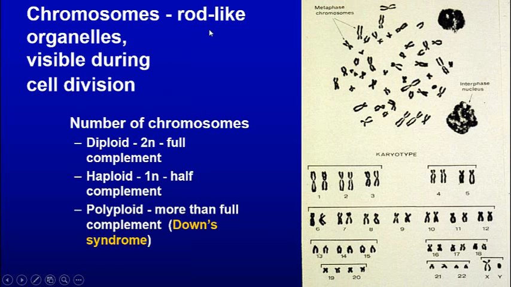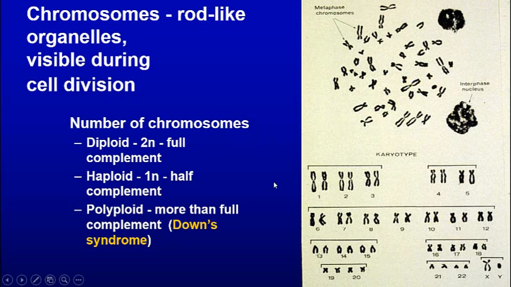So chromosomes are rod-like structure organelles during cell division. Diploid is 2N, the full complement, so there are two components, one from each of the two parents. Haploid is half the number, which is what you have for gametes, in the egg or in the sperm.